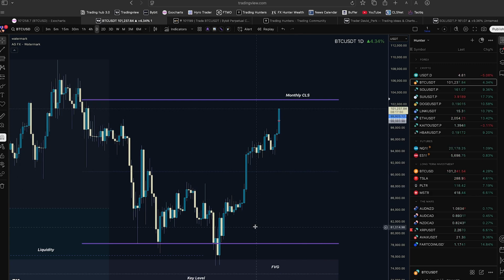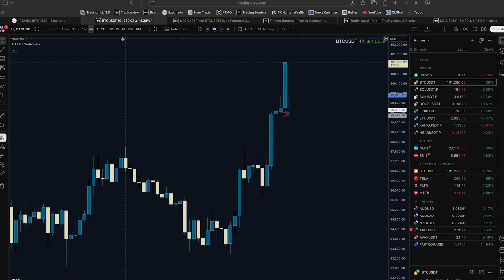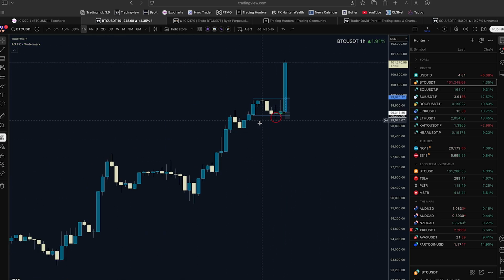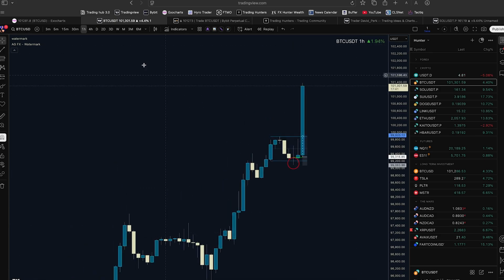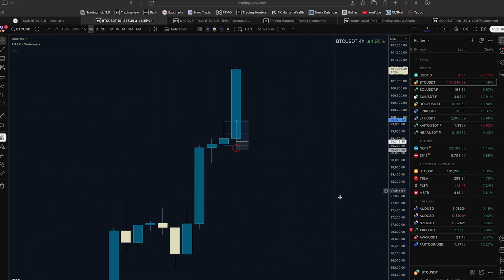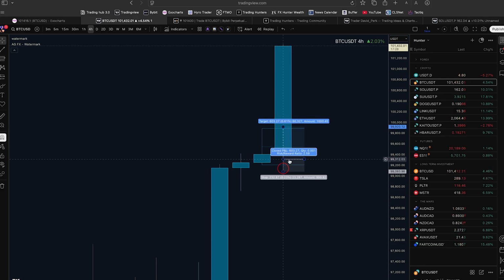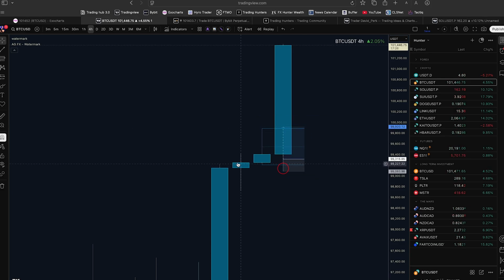Then you go to a lower time frame and you're looking for the continuation. As you have it, you follow the steps, and you're following the liquidity. You can see the candles are closing above, closing above, closing above. Then you see a sweep before the price breaks higher. You have liquidity higher.